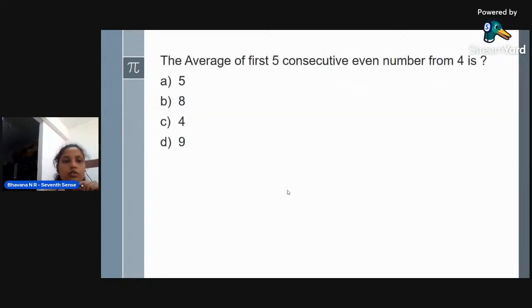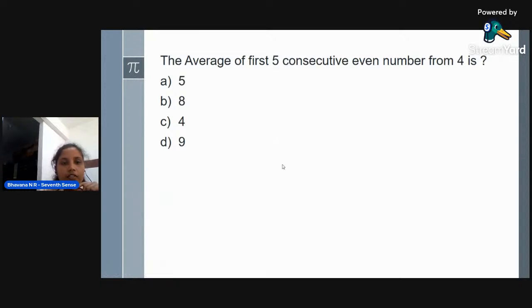Next, what is the average of the first 5 consecutive even numbers from 4? You can easily identify the answer, right? Please answer in the comment section. So what is the answer for this?